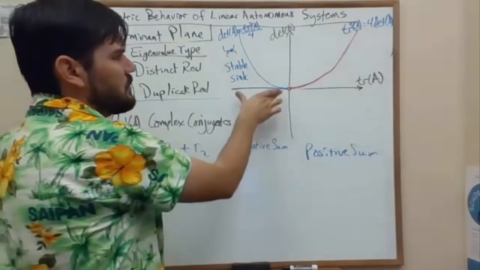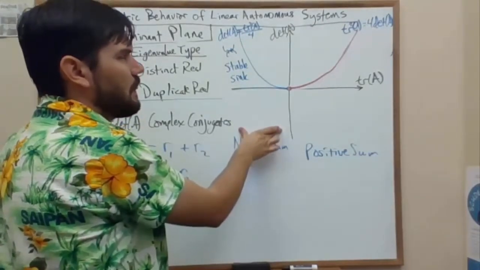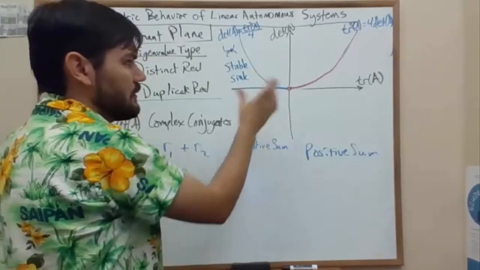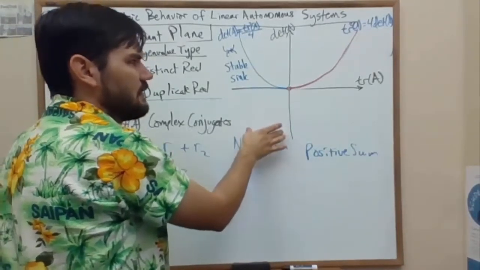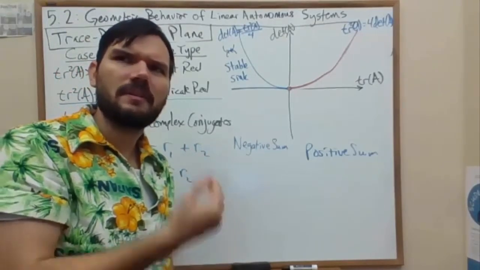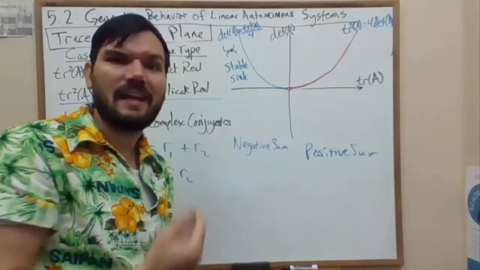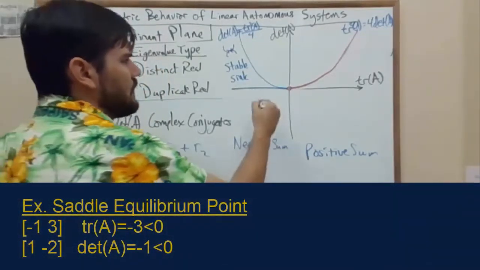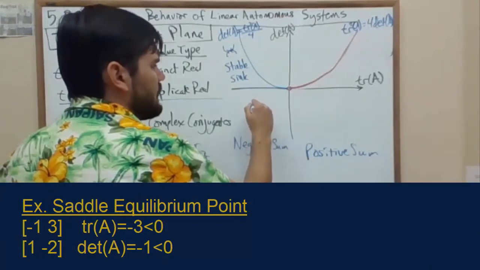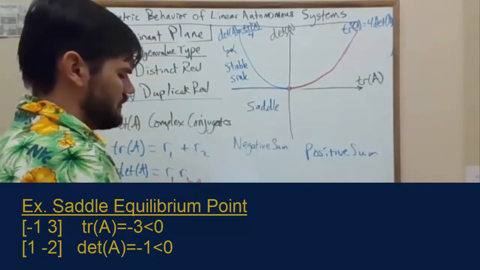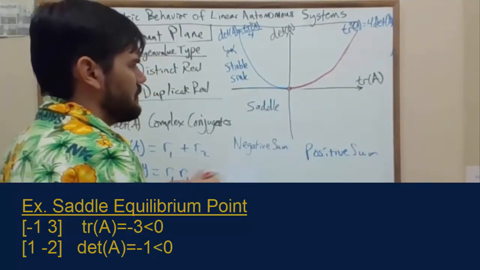Now, what happens when we go down to the bottom? Well, the determinant becomes negative, but the trace is still negative. The determinant is now negative, which means the two eigenvalues add to a negative value, but they multiply to a negative, which means one has to be positive, one is negative. We call this a saddle. And these are semi-stable.